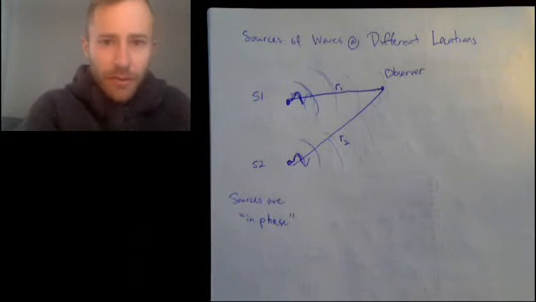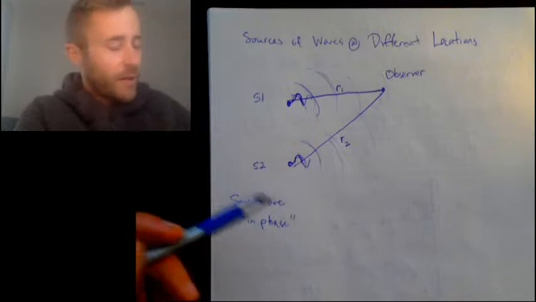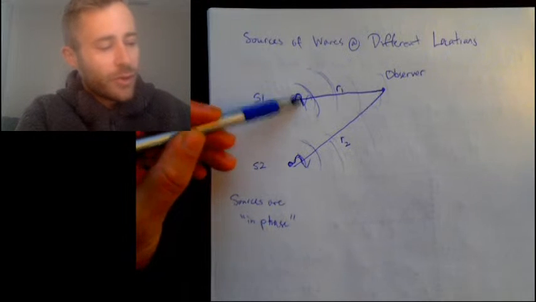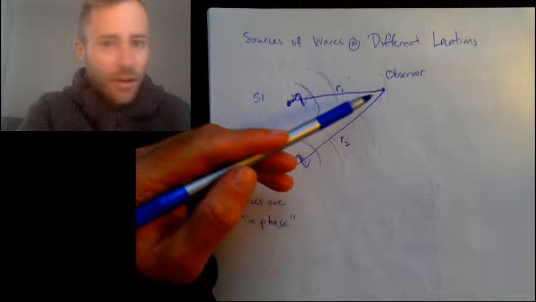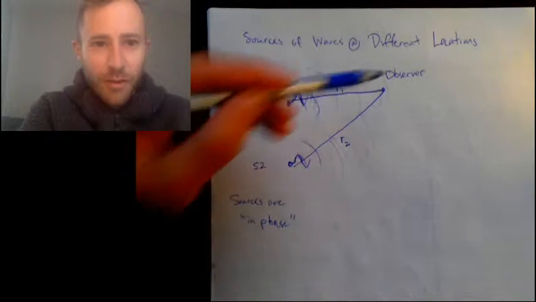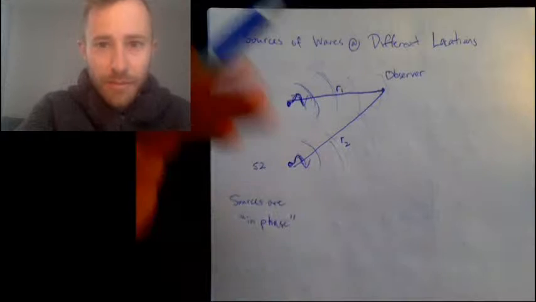So that's kind of interesting. Actually, we could have it where these two sources are emitting a crest at the same time, but when they arrive at the observer, a crest arrives at the same time as a trough from the other one, and they cancel each other out.